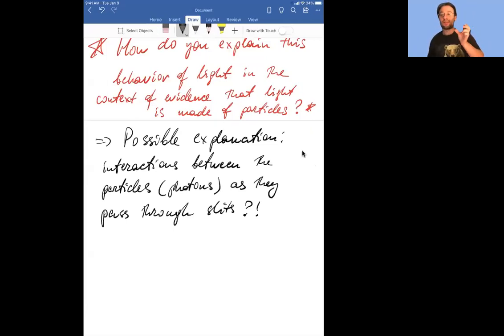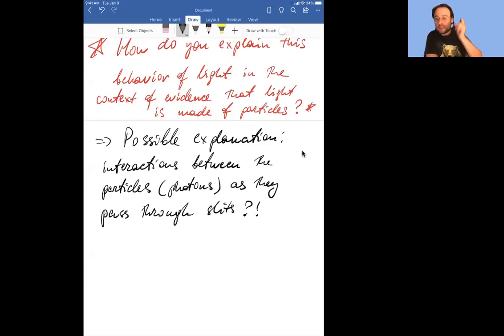You better give us also a recipe, a prescription for how to test, how to convince us. And then I will say, aha, let me do this. You think it's because light is particles, fine. I'm going to push it to extreme. I'm going to send one photon at a time.